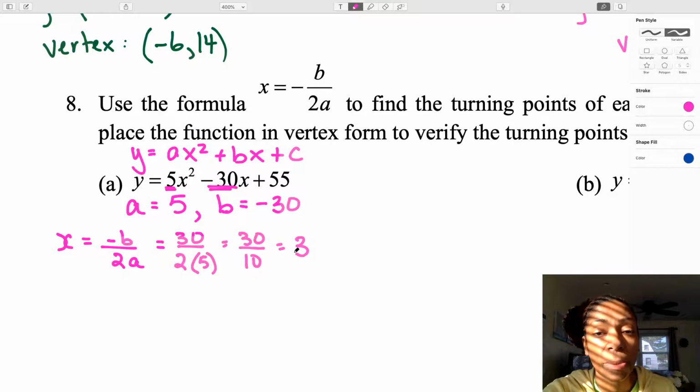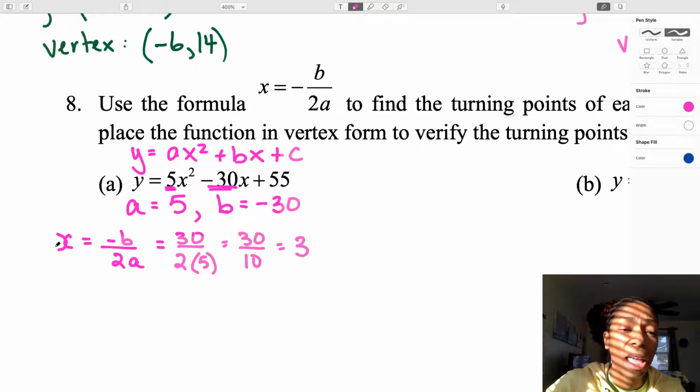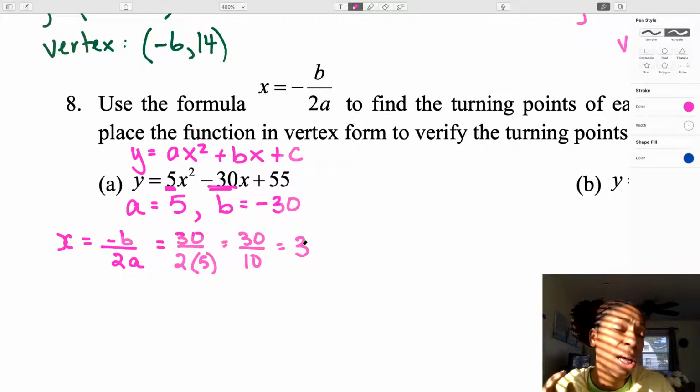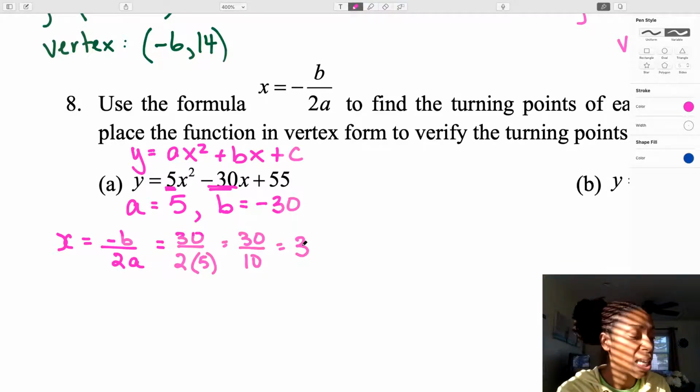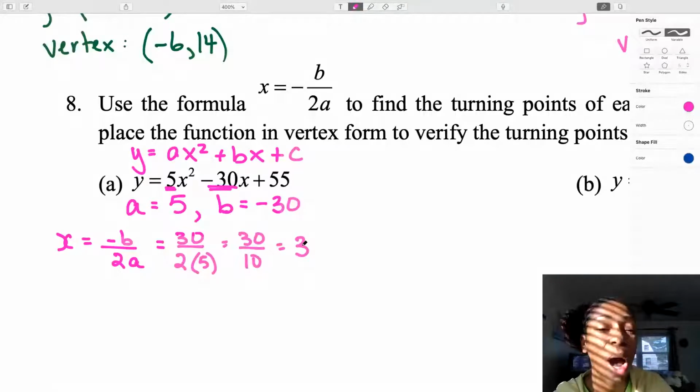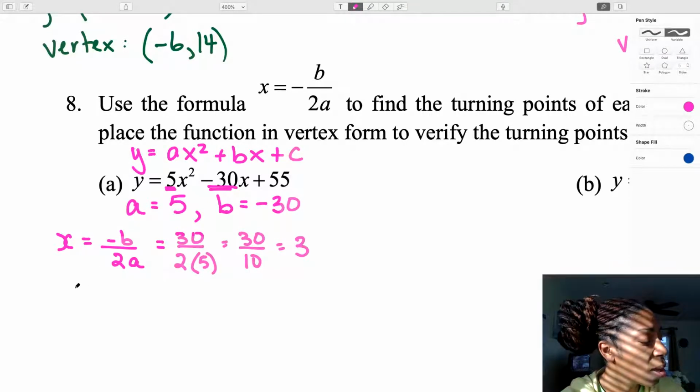Now I'm going to find the y, because it says use this formula to find the turning point. So far, I just found the axis of symmetry. I know that this parabola is going to be cut in half by the line x equals 3. So 3 is the x value. So how do I find the y value? A turning point has an x and a y.